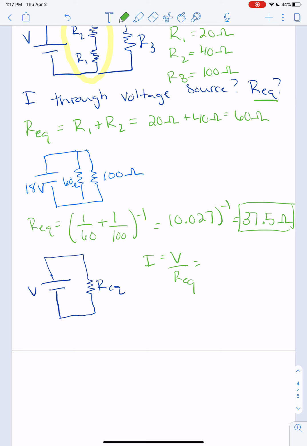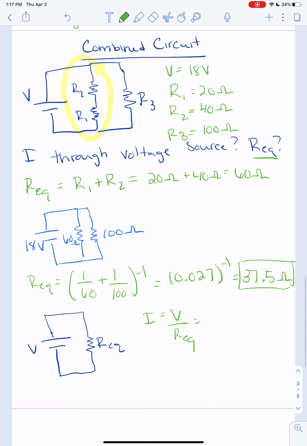Our voltage, we said, was 18 volts over our equivalent resistance, which is 37.5 ohms. Put that in a calculator, and we get 0.48 amps. And that would be our final answer.